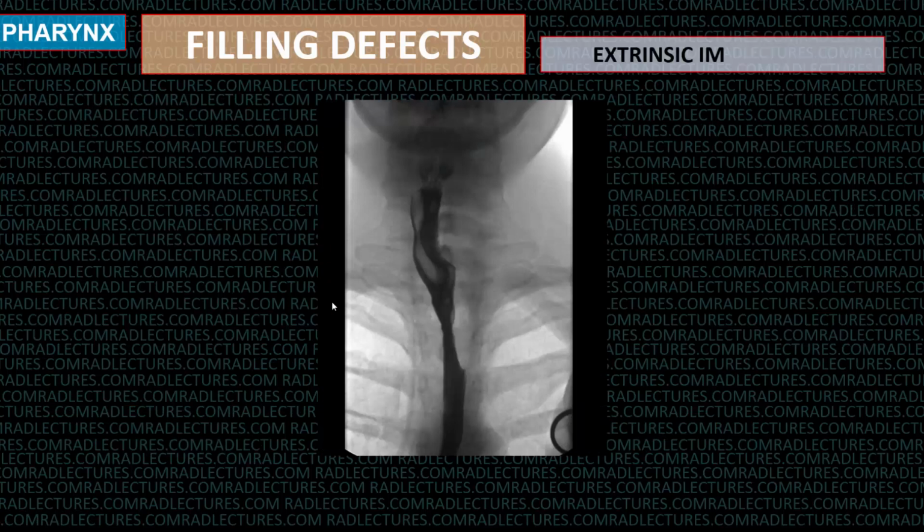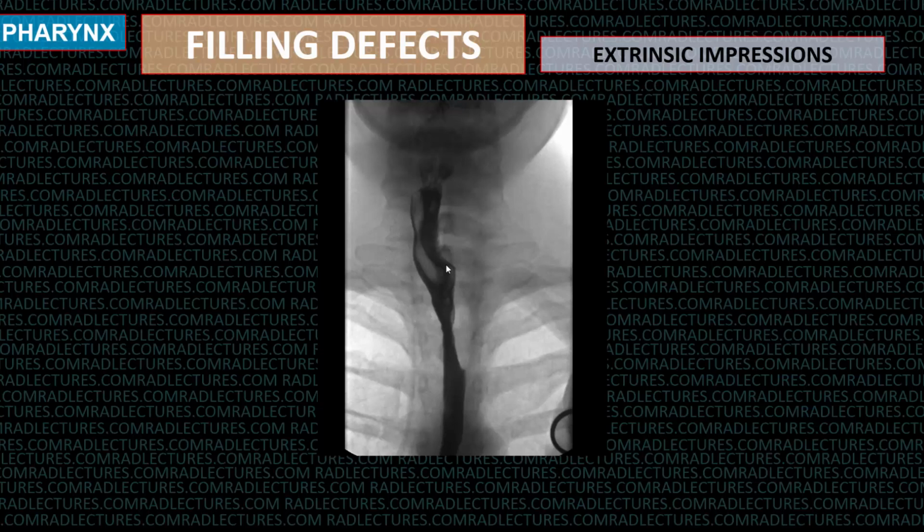Now, filling defects can also be from extrinsic impressions, like in this case. Here what we are seeing is the contrast is coming down, but the pharynx is being pushed to the right by a smooth impression here. Now, this impression is very different from a cricopharyngeus impression or a web. And by the way, people have called cricopharyngeus cancer when we show them cases.